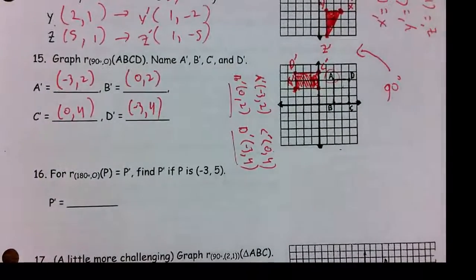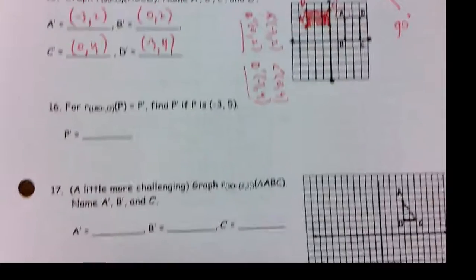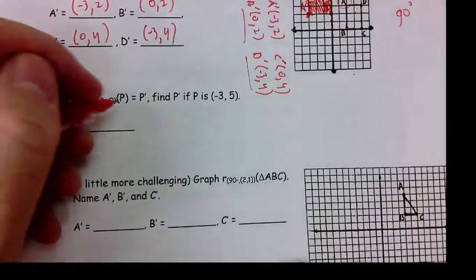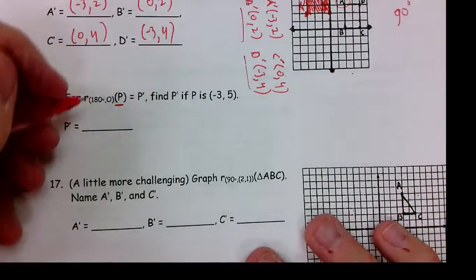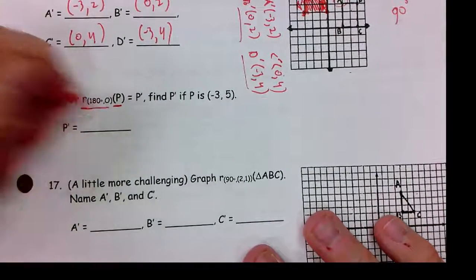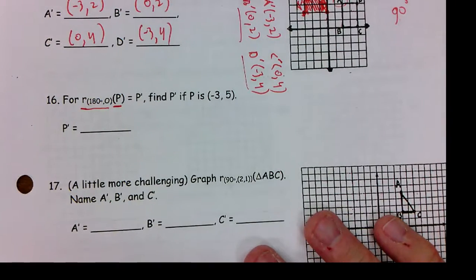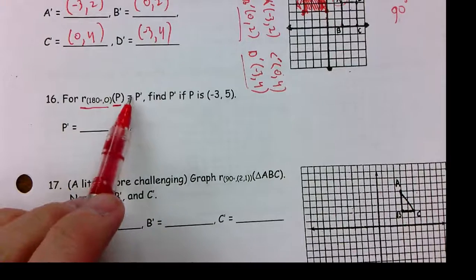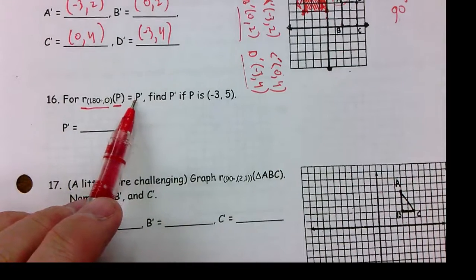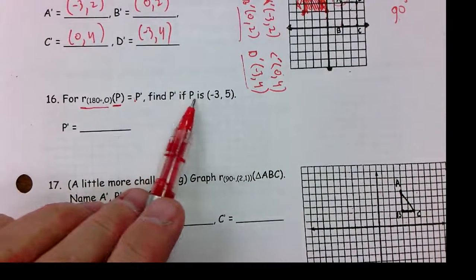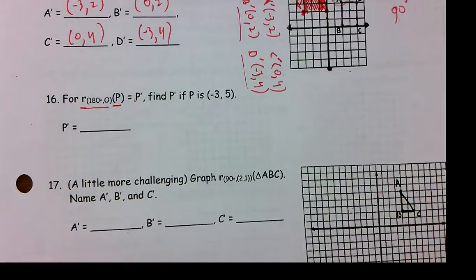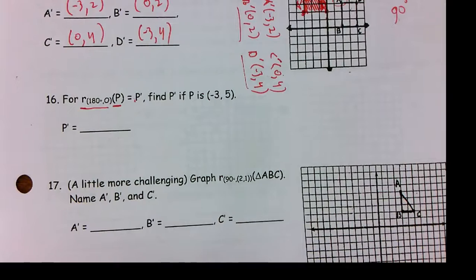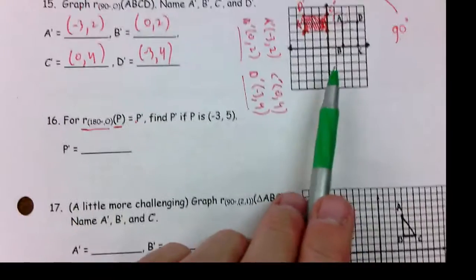All right, number 16. If the point P is rotated 180 degrees about the origin, and you end up at P prime, find P prime if P is -3, 5. So again, I didn't give you a graph for this one, but maybe I'll just go ahead and use this one again.